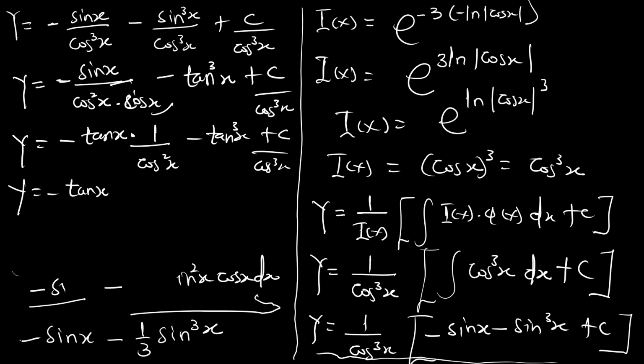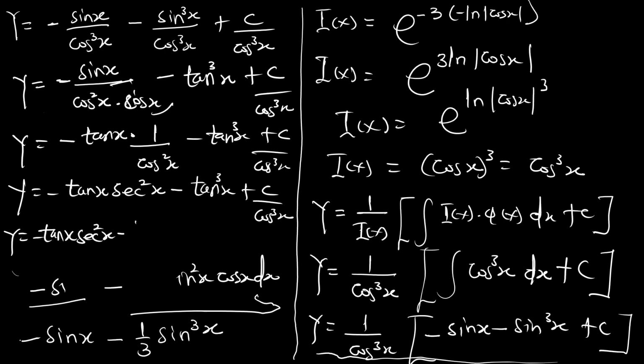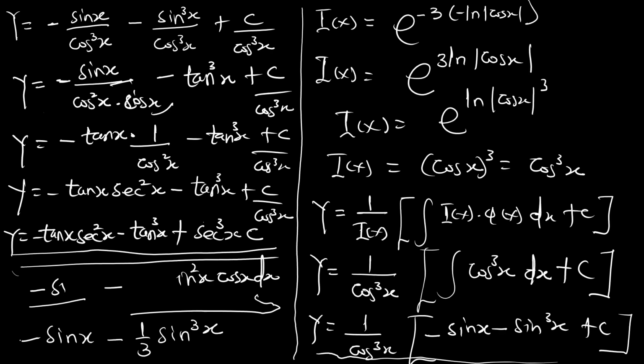So we can have sec squared x minus 1 over 3 tan cubed x plus c over cos cubed x, or tan x sec squared x minus 1 over 3 tan cubed x plus 1 over cos cubed x multiplying c. So we can have sec cubed x multiplying c. This will be our final answer when you go ahead and do further simplification. So this is how we find a solution to a first order linear differential equation using the integrating factor.